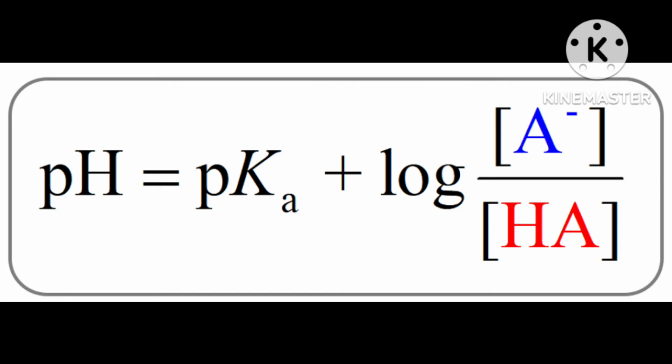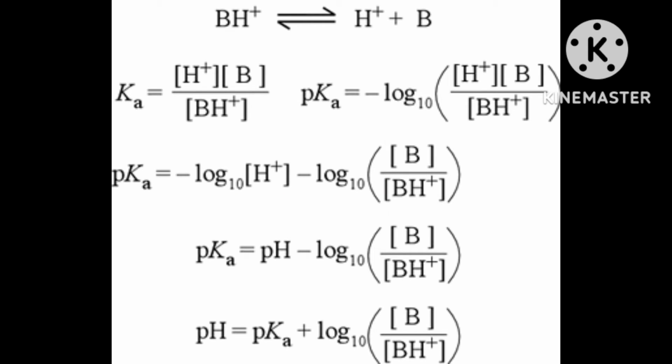Thus, if we take molar concentrations of acid and salt, meaning the conjugate base of the same acid, equal, the pH of the buffer solution will be equal to the pKa of the acid. This is important. The pH of the buffer solution will be equal to the pKa of the acid.